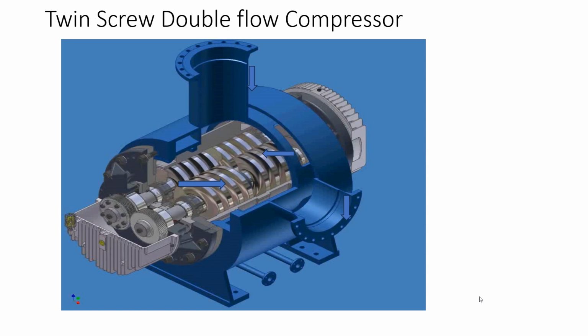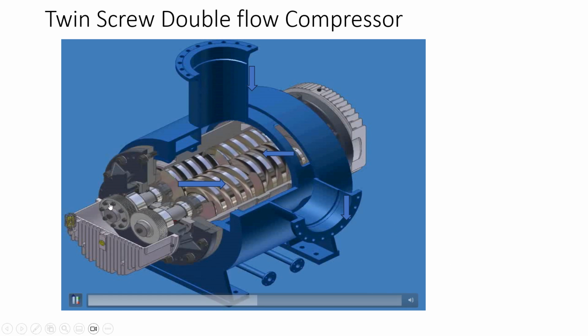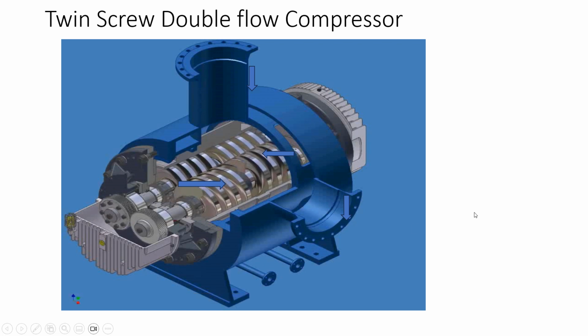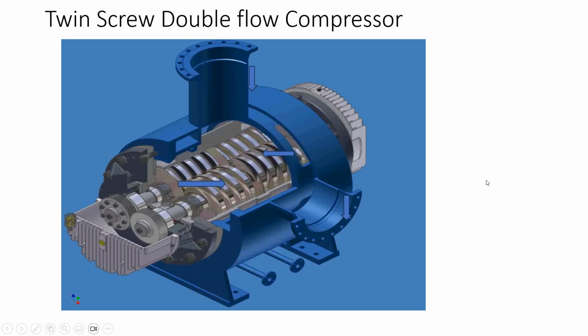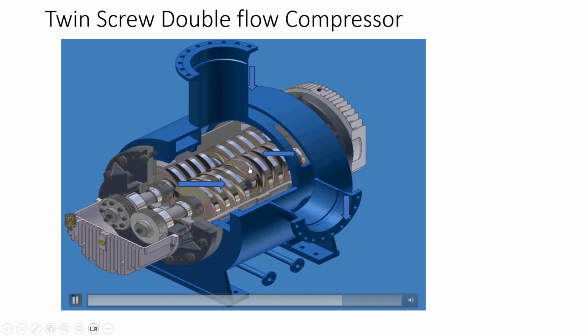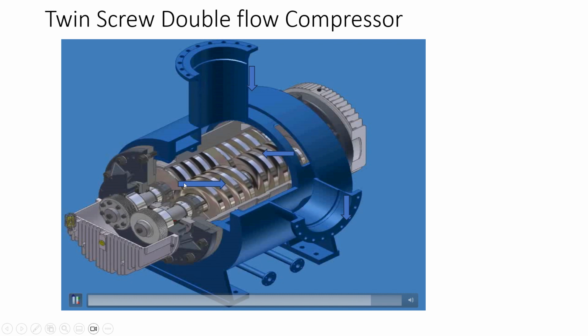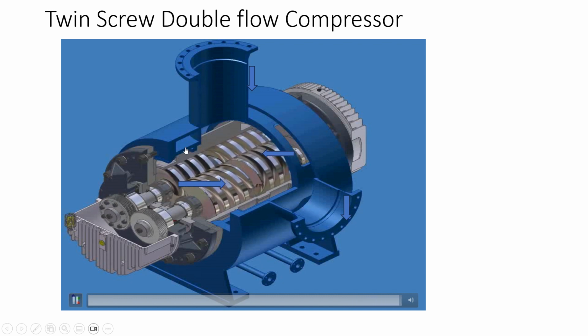This one is double flow, which means the gas is entering from the left hand side and flowing towards the right side. It is also entering from the right side, flowing to the left, and then finally it is going out.